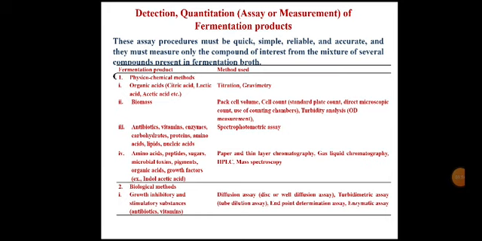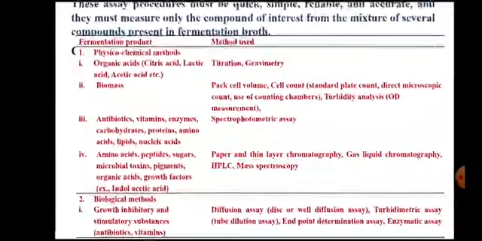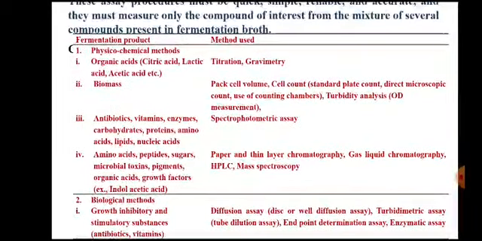These physicochemical methods are basically useful for the quantitation of products like organic acids, such as citric acid, lactic acid, acetic acid, etc. And the methods which are used for their measurement are titration and gravimetric analysis.